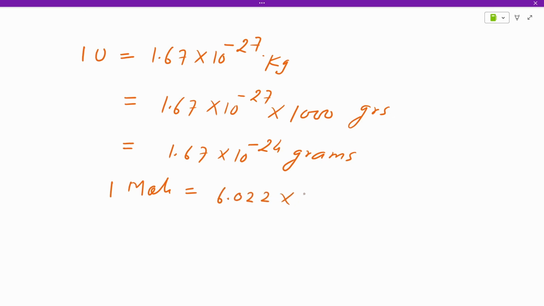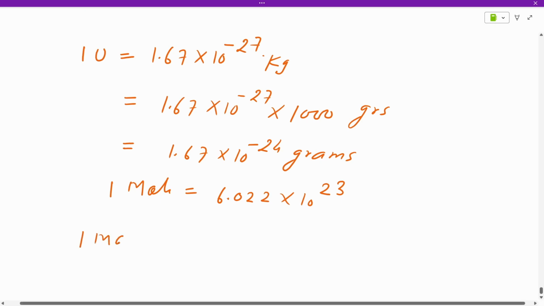6.022 into 10 raised to power 23. Similarly, we can say 1 mole of atoms is equal to 6.022 into 10 raised to power 23 items.